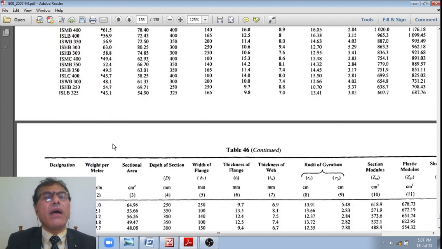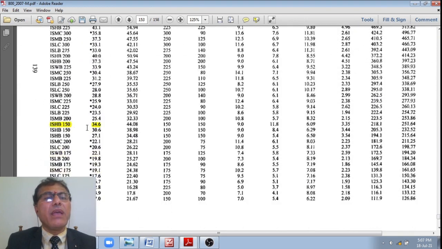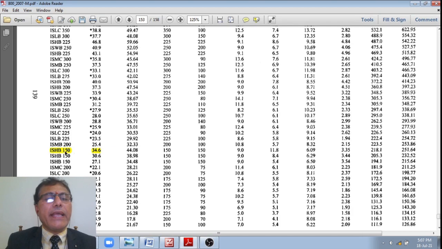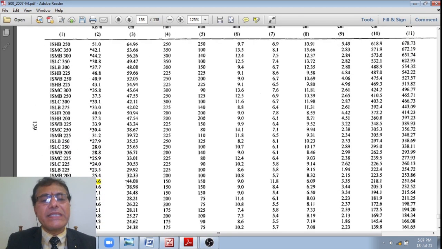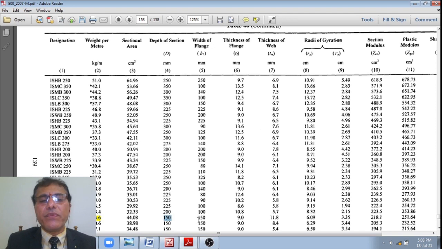That is how I'm choosing a section ISHB 150, which has a unit weight of 34.6 kg and an area of 4408 mm square. Corresponding to that, I will note down the other relevant properties. The depth of the section is 150, the width of the flange is also 150, the thickness of the flange is 9 mm, and the thickness of the web is 11.8.